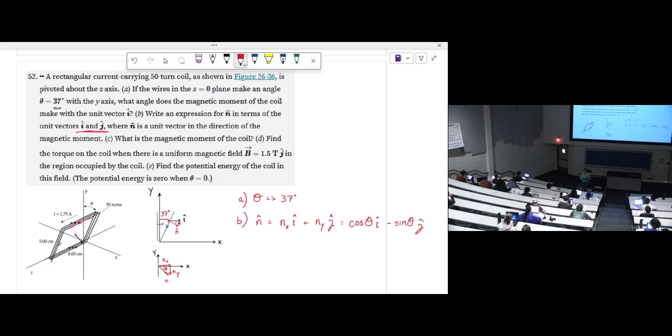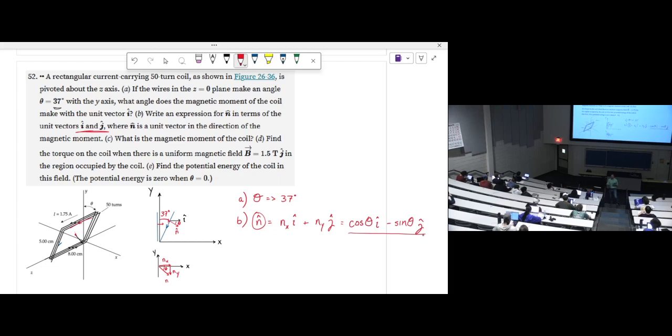Now, can someone prove to me very quickly in one sentence that n hat, if this is what it is in terms of i and j, does have unit length 1? How do you prove that it has unit length 1? Yes, exactly.